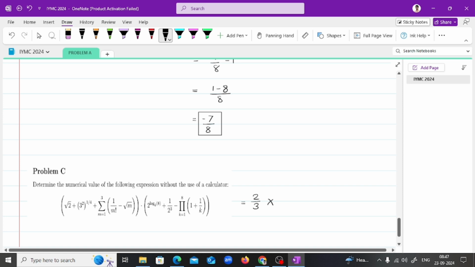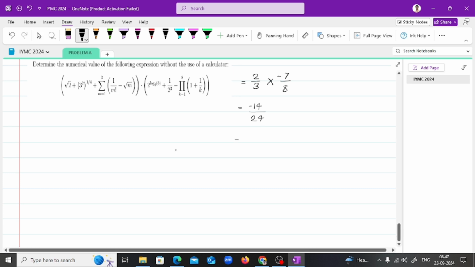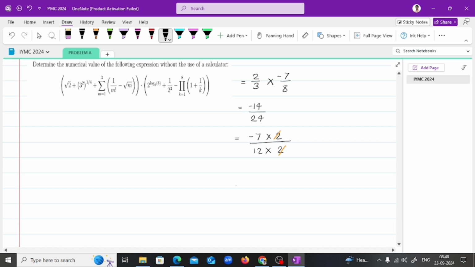the value of the second bracket, which is what? Minus 7 upon 8. So minus 7 into 2 is what? Minus 14 upon 24. But 2 is the common factor in the numerator and denominator. So we can write it like this, minus 7 into 2 upon 12 into 2, and we can cancel this 2. So the final answer is what? Minus 7 upon 12.